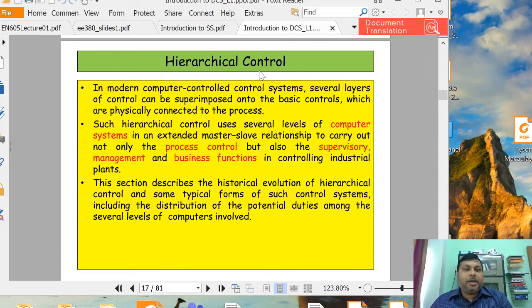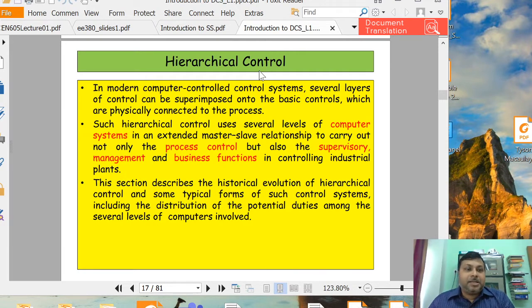Each loop is controlled by the basic controllers, and all the loops present in a specific industry or process industry are supervised by a control system called the supervisory control system.